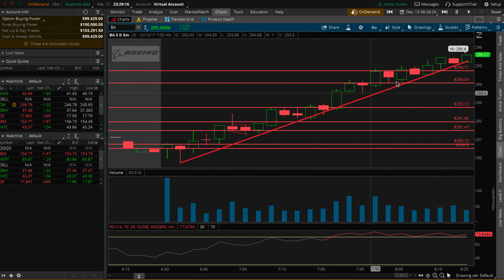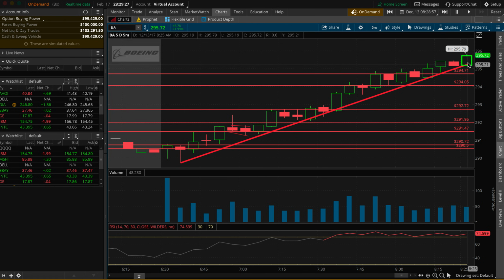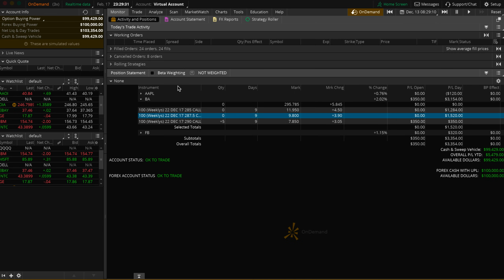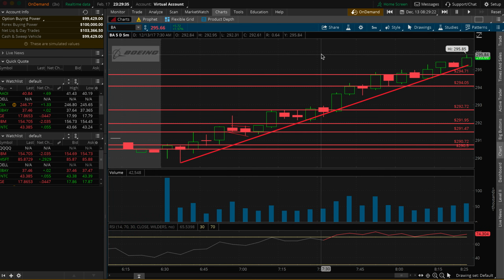This is a heck of a trend line. Highs, highs, highs, highs. Still going. 350. It's coming back down.